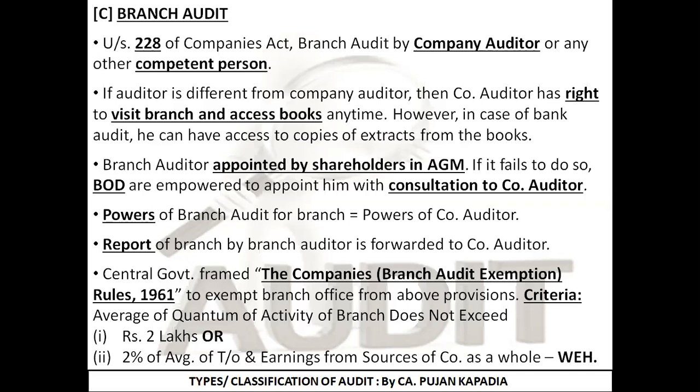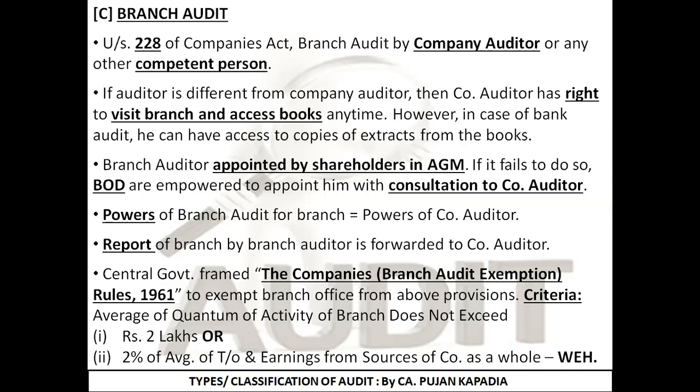So what I can do is take an extract, a summary only for 1st April 2019, and I can have the copy and access that particular transaction on 1st April 2019. I have not taken the entire book of account, that is, the entire cash book. I have just taken a summary of one date, 1st April 2019, and accessed that particular transaction.